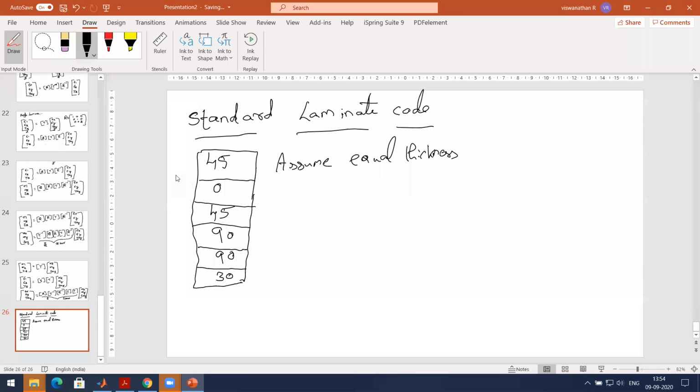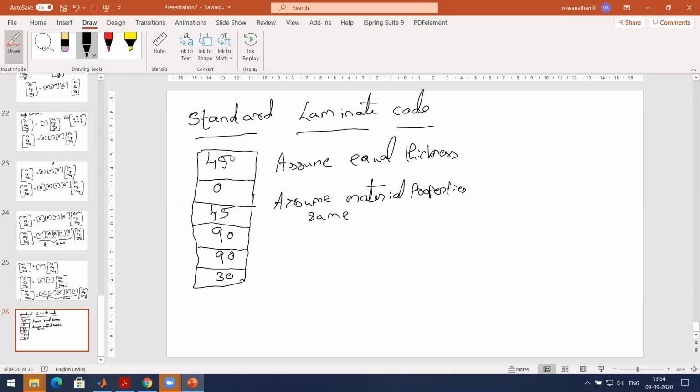So assume equal thickness and assume material properties to be the same. Now, do you understand this?